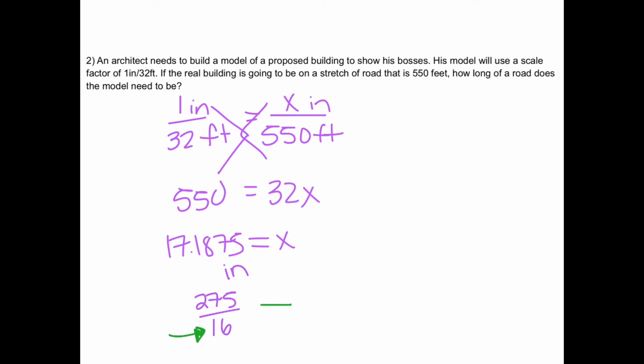So I'm simplifying it down to a mixed number because that's how we would actually be measuring it on a ruler. So this ends up being 17 3/16 of an inch, and that's how long the roadway would be in the model.